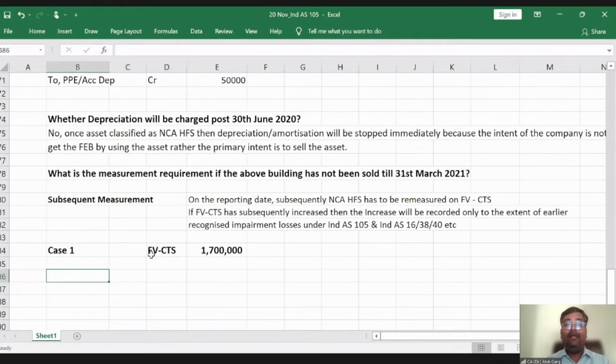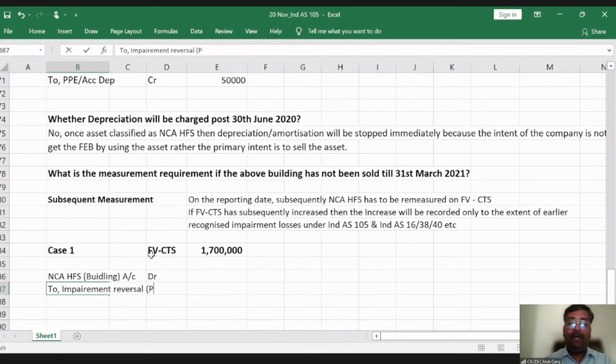It means I have to debit my NCHFS building account, and credit impairment reversal in P&L.